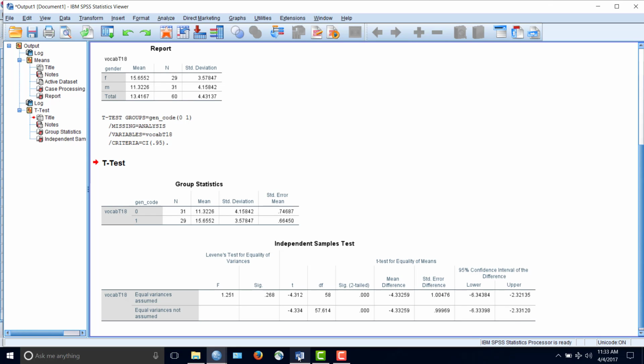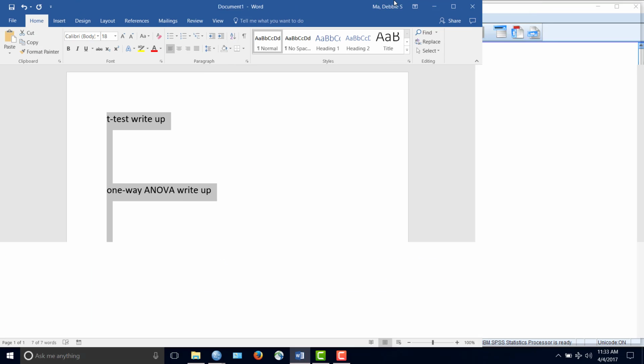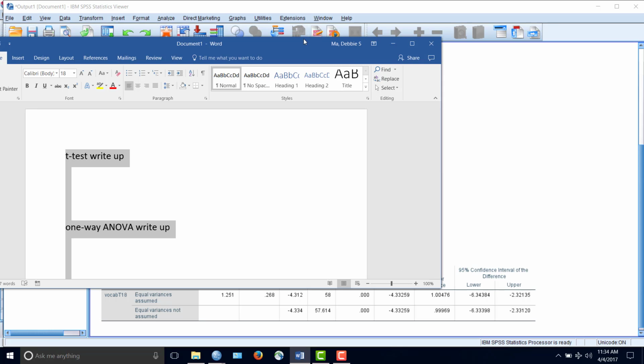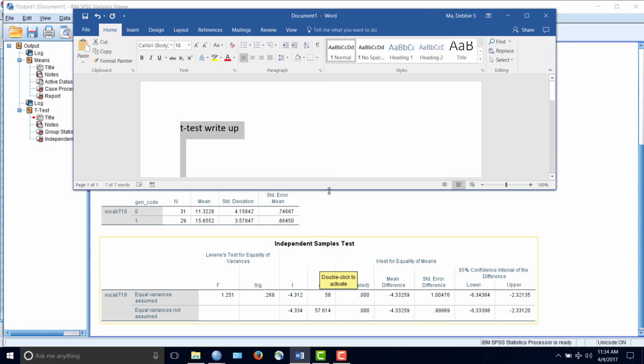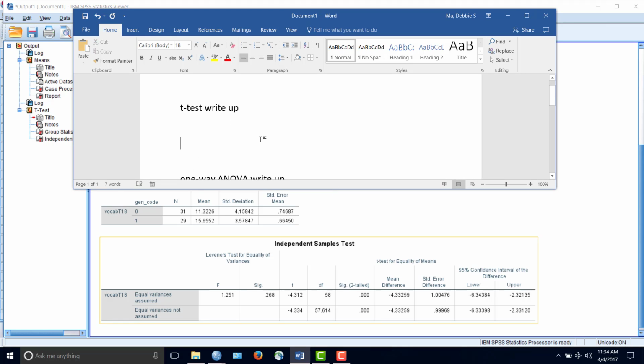So let's write this up. I want to give you a sample of how we would write this up. I'm going to pull up my Word document here, and I'm going to overlay it like this so I can type and see. So when we write up a t-test, we want to say something about what was done.